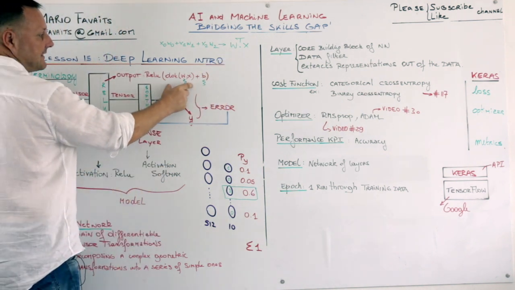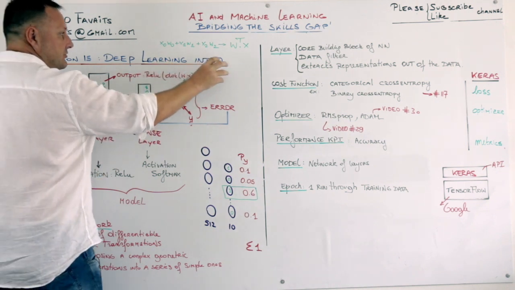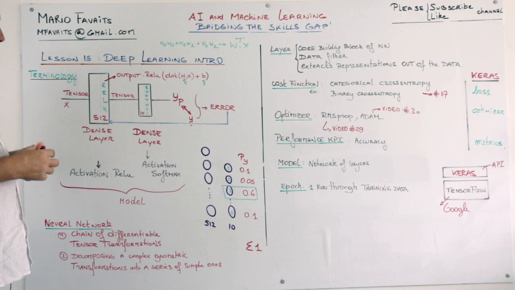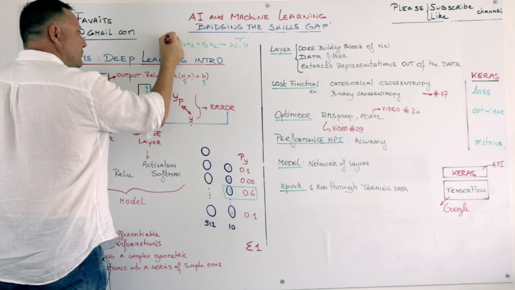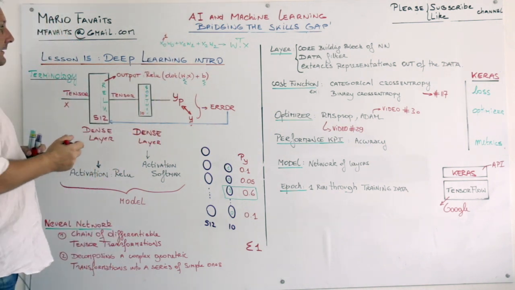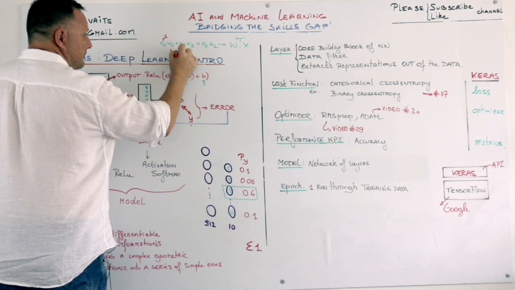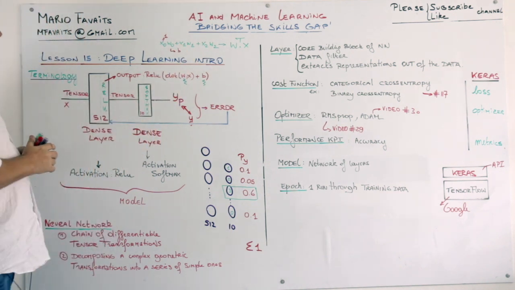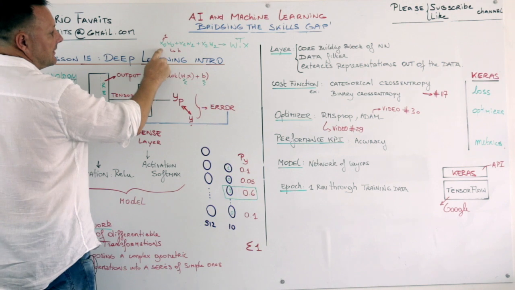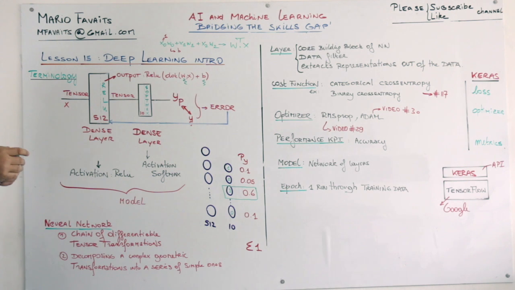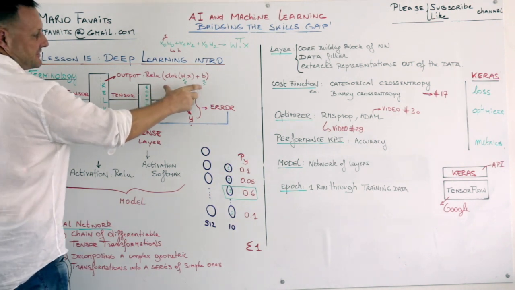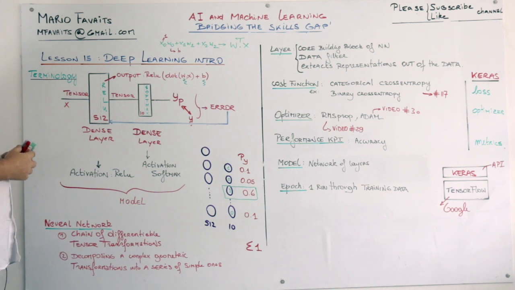So this is this piece, and you add B. Well, B we're going to try to integrate here because we don't like that B. So this X0 we will set to 1. And of course the W0 will be our B. Right? So that's how we can actually integrate these into this dot product. Alright, so that's exactly what you see here, and of course you take the ReLU of that function because it gives you other options.